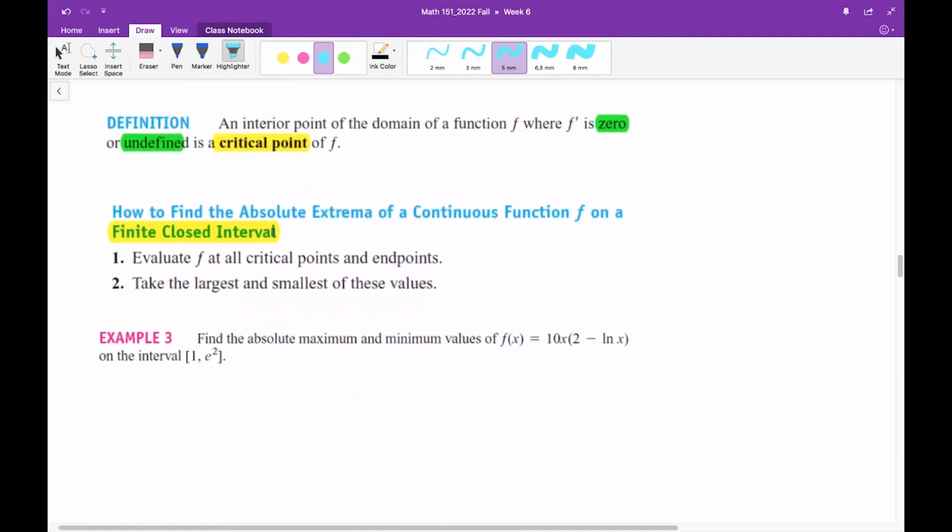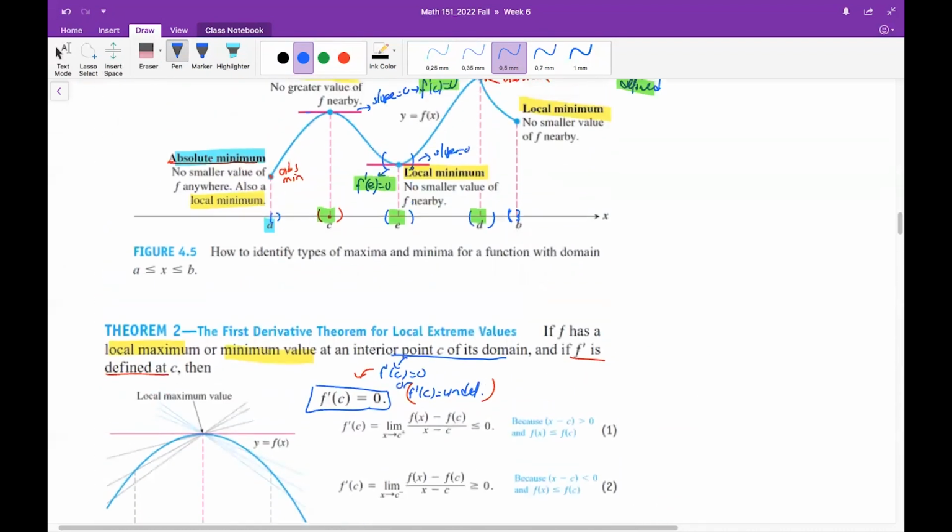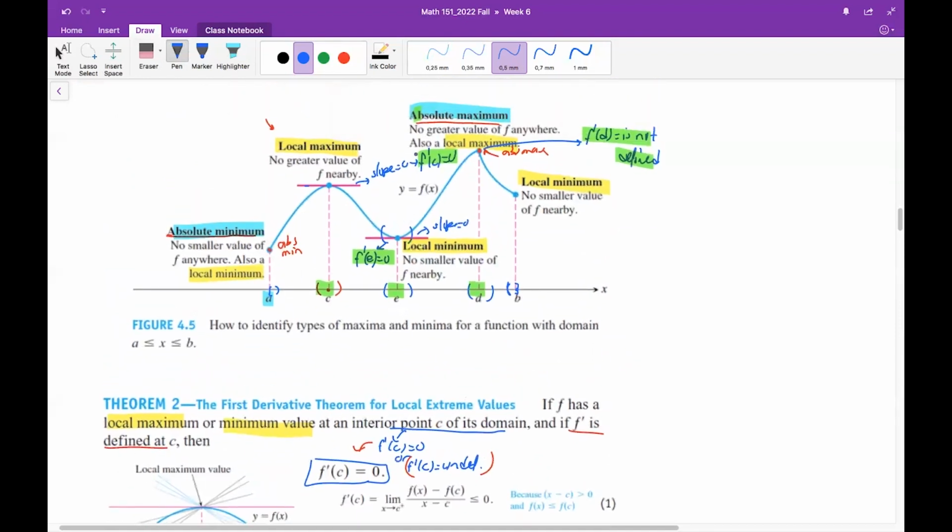Okay, now we are ready to define what a critical point is. A critical point is a point at which your function has first derivative 0 or has first derivative undefined. So we talked about these two cases at the points where you have local max, min values. For these local max, min values, first derivative is defined, they are 0. Here, since you have a corner, first derivative is undefined.